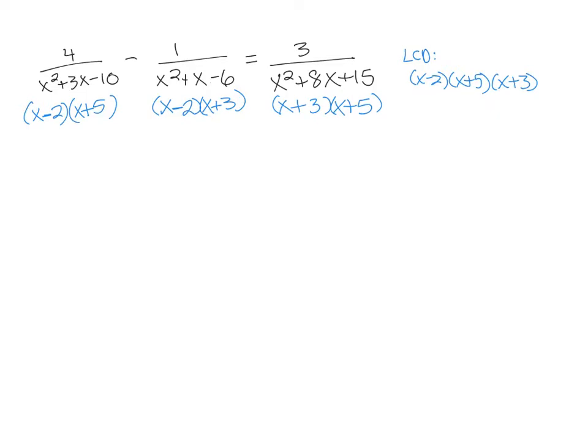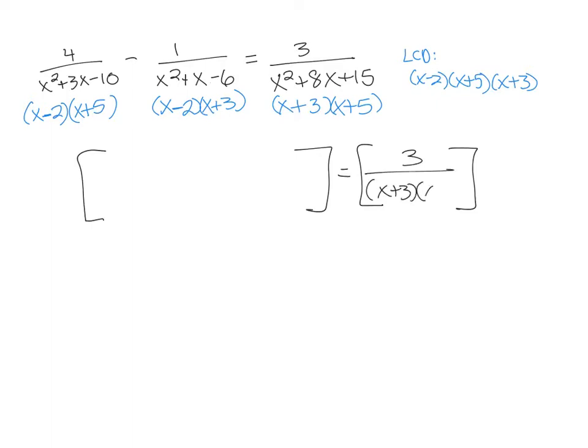So what I'm going to do is wrap up both sides of the equation and multiply by my LCD. So I have this guy in factored form here. I've got these two guys over here, x minus 2, x plus 5, just showing you what's going on.